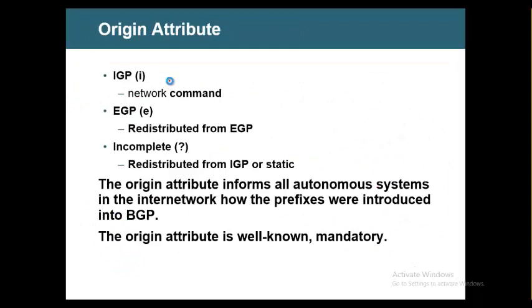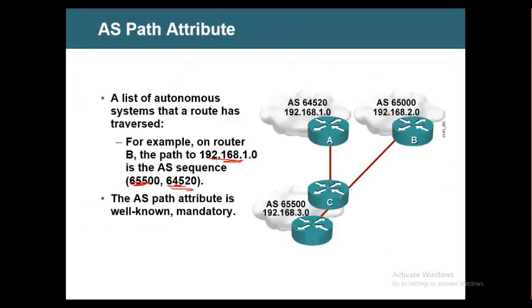Let me go back and you see, B is in 6500. Do you see 6500 here in the list? No, it's okay. This is 65500. Always the very first one is the immediate EBGP, the first one.